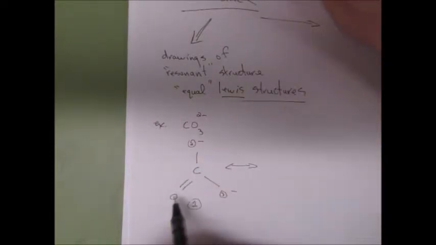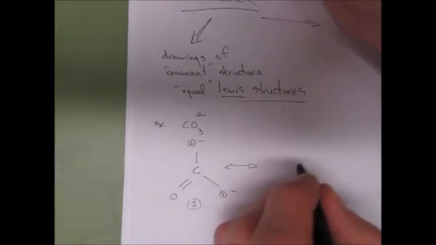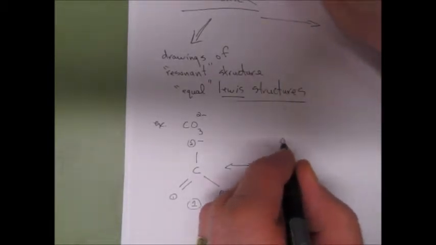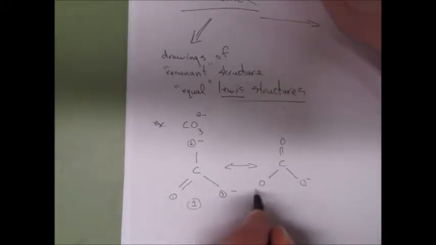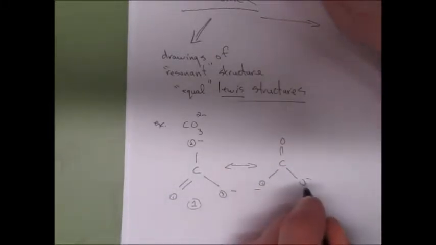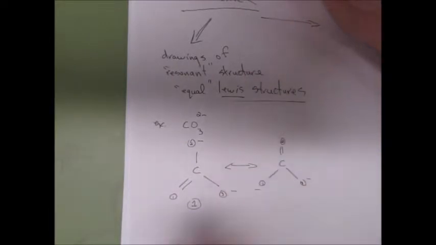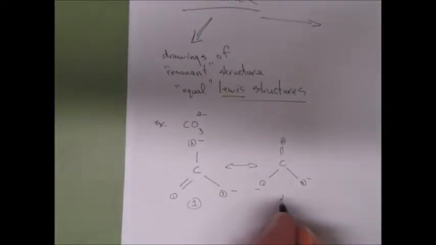Does oxygen 1 have to be the double bond? It could have been oxygen 2, so we'll draw that. But the equal structure would require that oxygens 1 and 3 get the negative charge. So this is structure number 2.